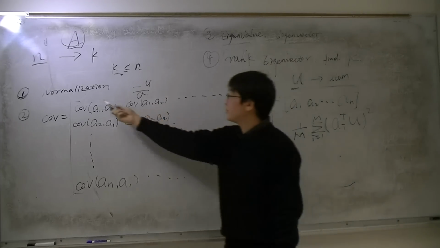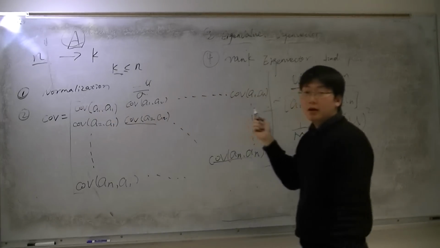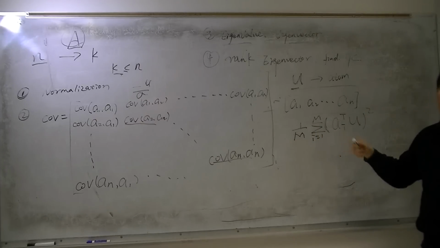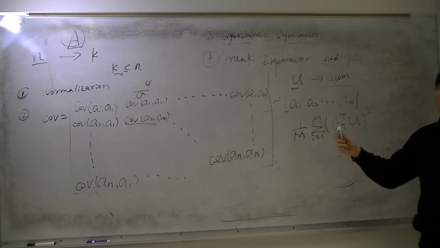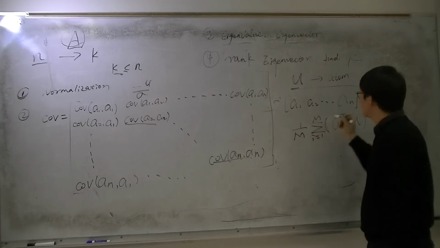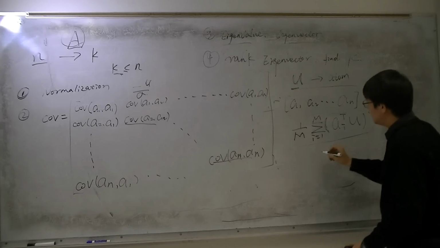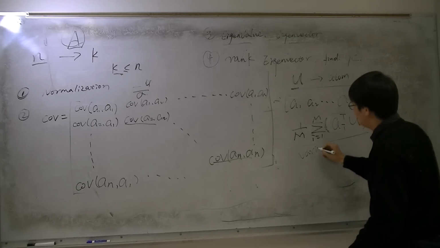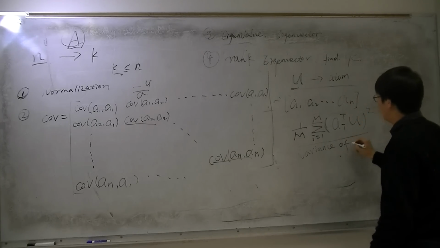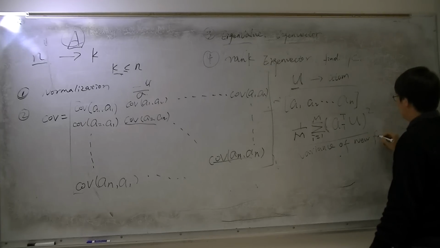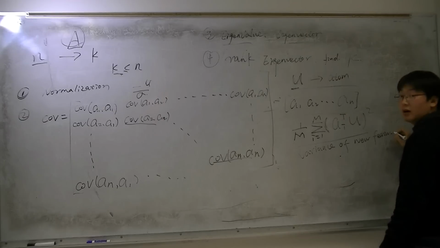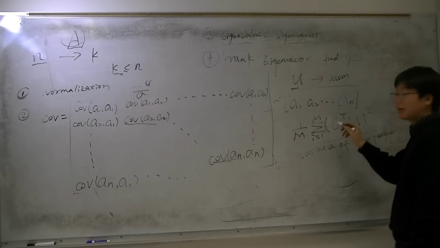Since our first step is normalization, the mean value is 0, and after projection it's the same, also 0. So we don't need these steps. And this is the variance of every feature, right?